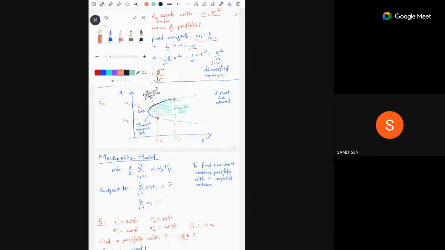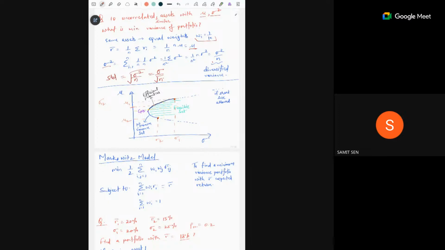For example, if I take this value of return, any rational investor would choose this point in place of all the other feasible points. So this leftmost boundary is the one which any rational investor would look at. He would never go for any point beyond this leftmost boundary.